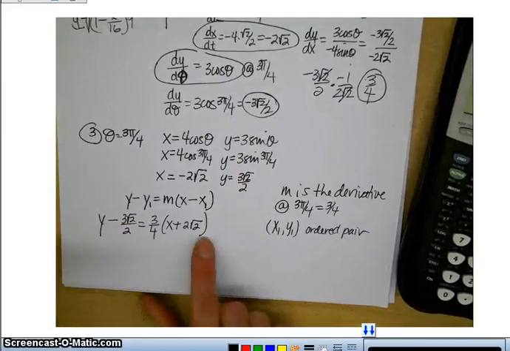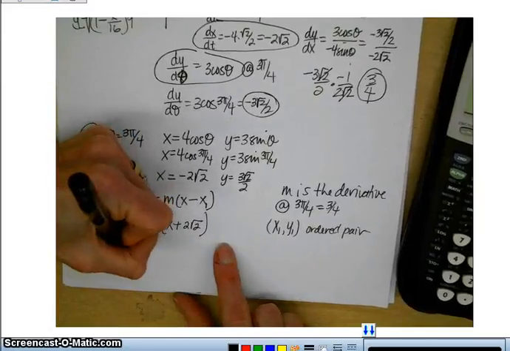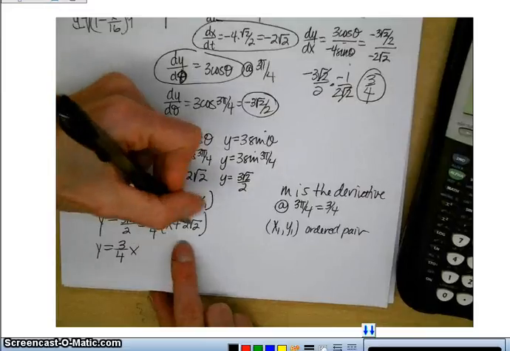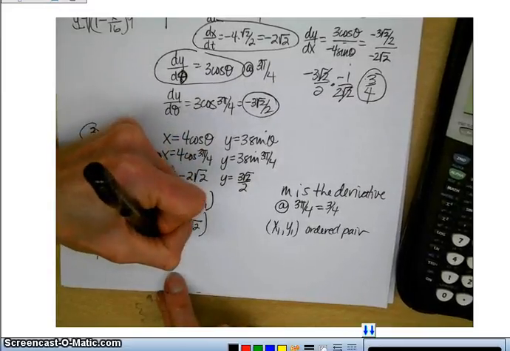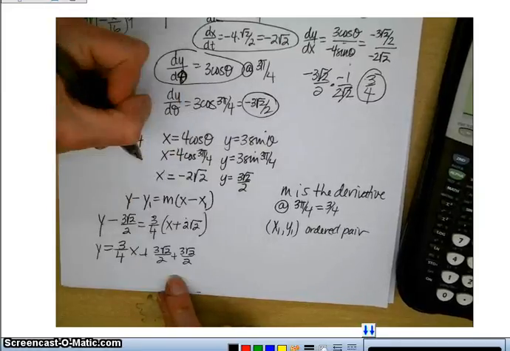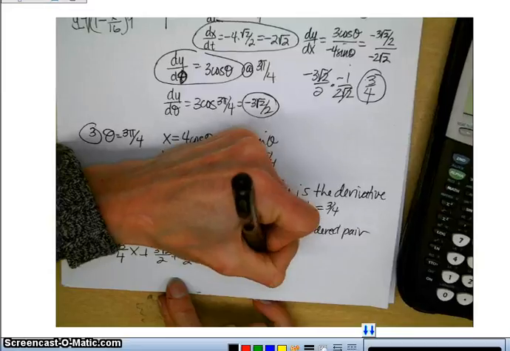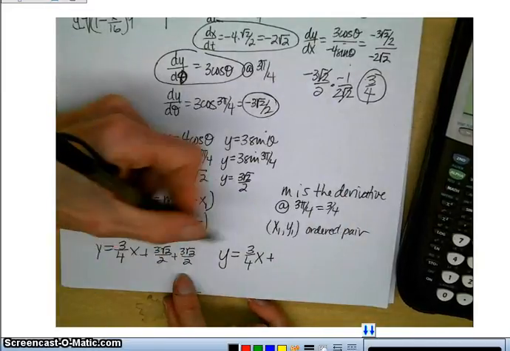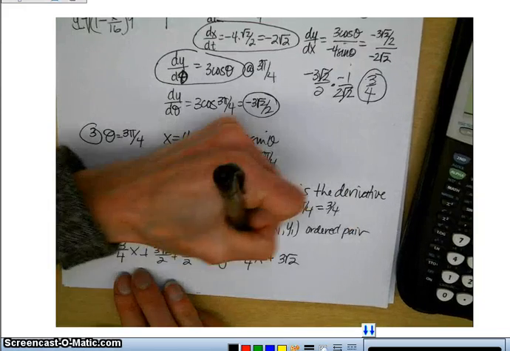You could distribute this and add this over, so that would be 3/4 x, and then distribute this, that would be plus 3 radical 2 over 2 plus another 3 radical 2 over 2 gives me my tangent line is y equals 3/4 x plus, well, that just gives me 3 radical 2. So there's my tangent line.